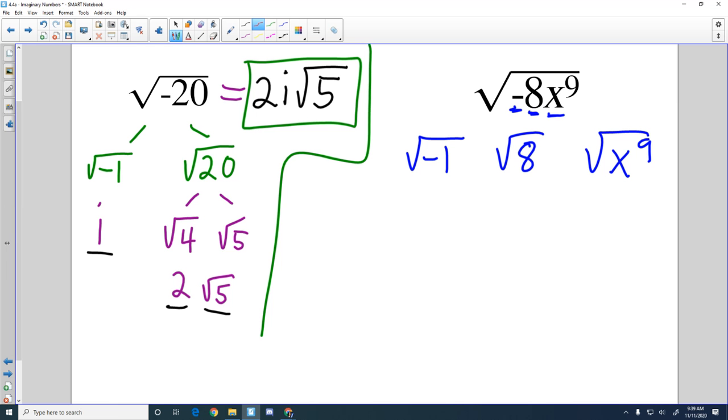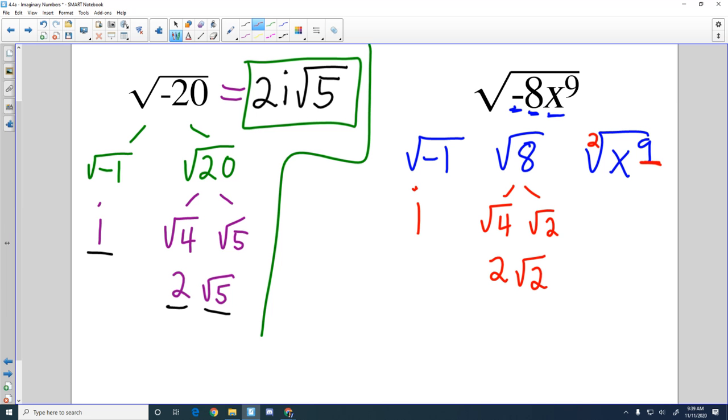The square root of negative 1, we know, is i. The square root of 8, we break down to 4 and 2, because the square root of 4 is 2. So the square root of 8 simplifies to 2 root 2. And then how about the square root of x to the 9th? If I have 9 x's, how many groups of 2 can we make?